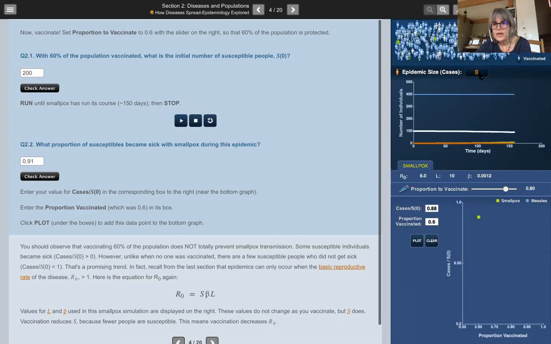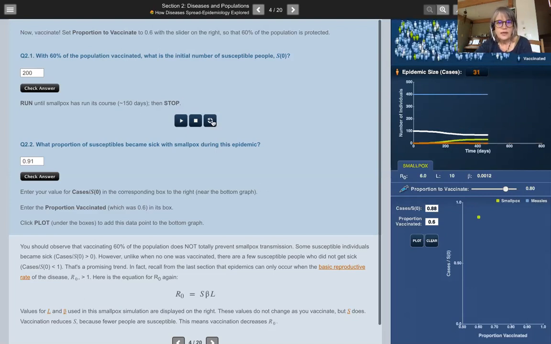Notice here, I'm waiting for my total epidemic size cases to stop increasing. It takes a while. Okay, it looks like 31 is the total number of cases.